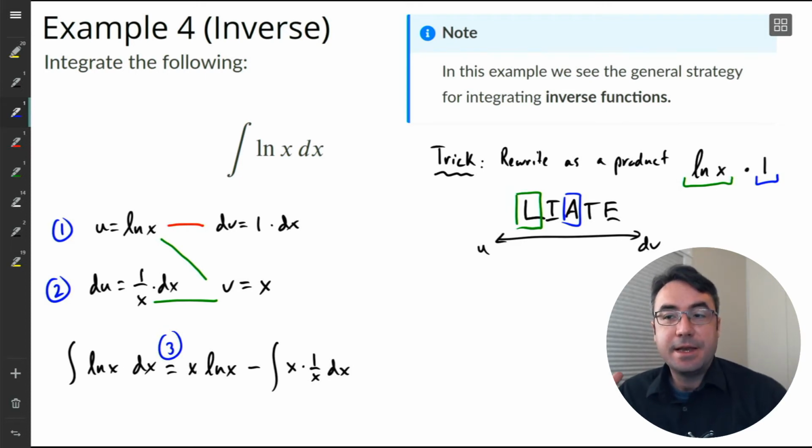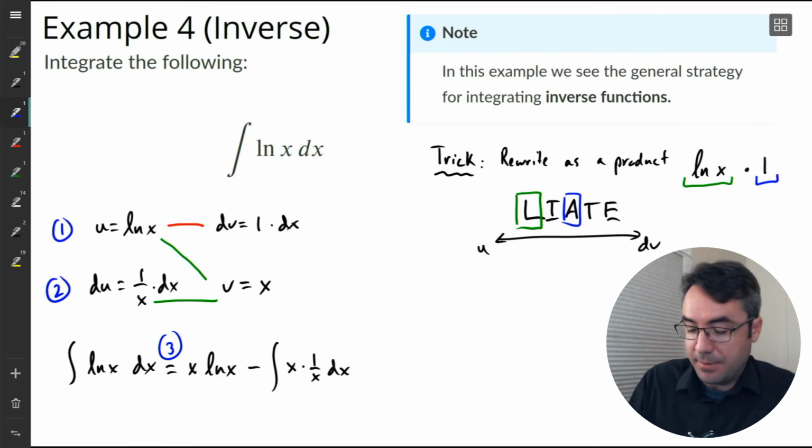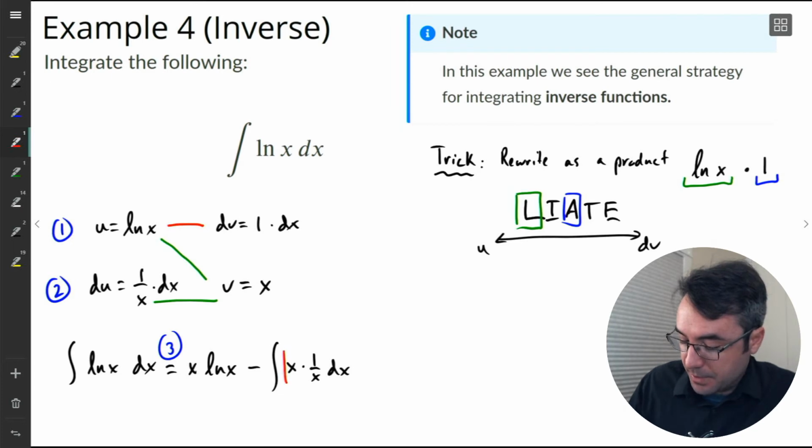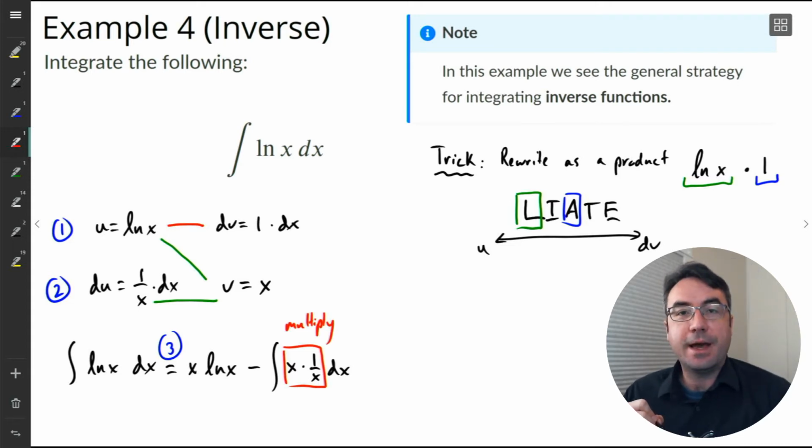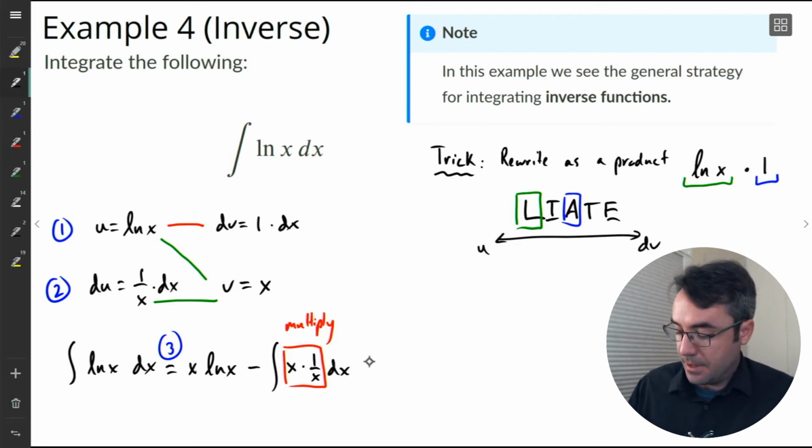And now we have to finish that remaining integral. And we know x times 1 over x can be simplified by just doing the multiplication. So the x's cancel and we're left with just the 1. So we end up with x times natural log x.